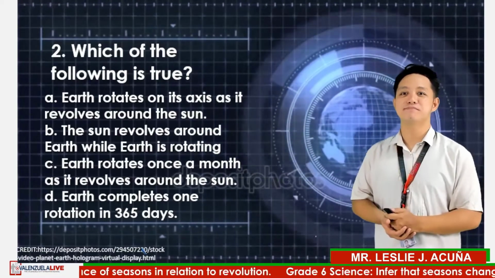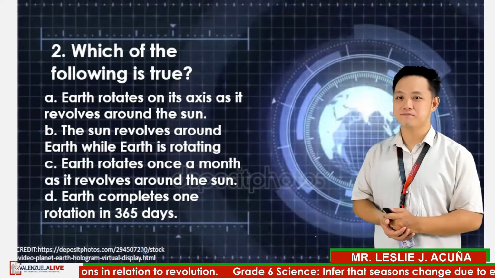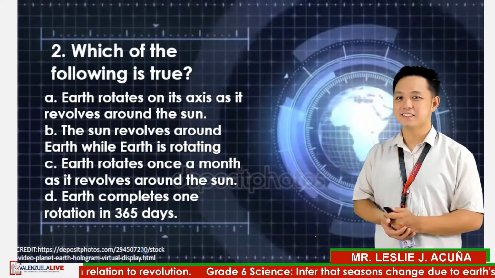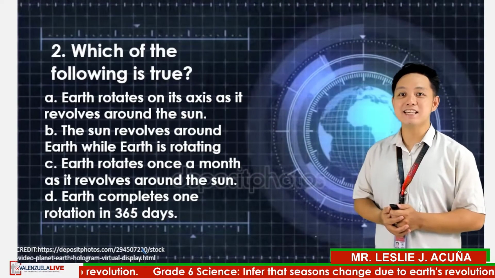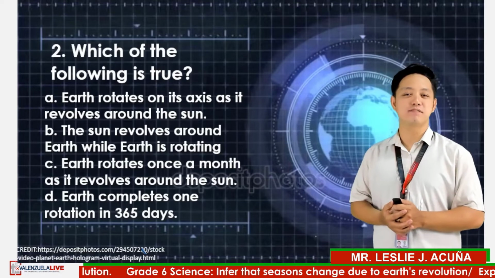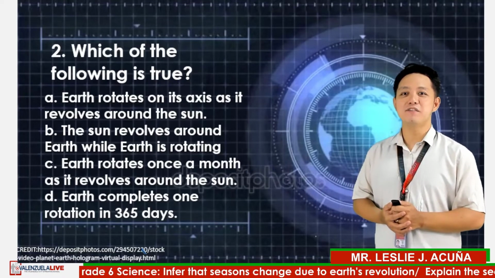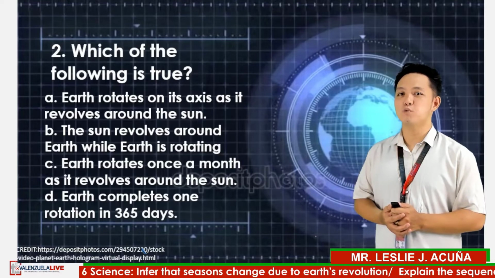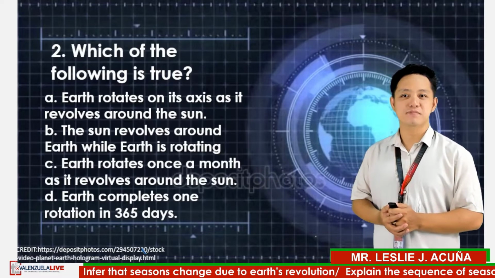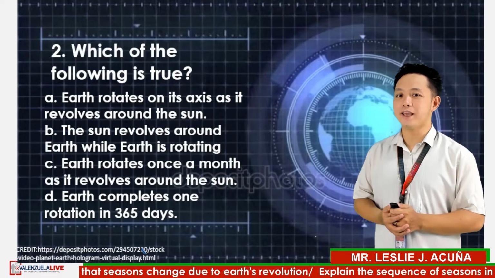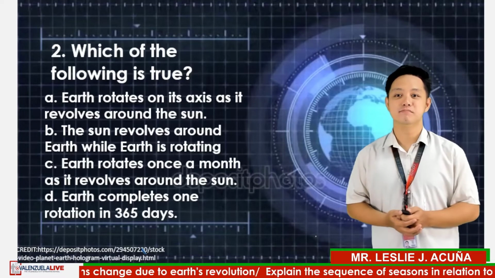Question number 2. Which of the following is true? A, the Earth rotates on its axis as it revolves around the Sun. B, the Sun revolves around the Earth while Earth is rotating. C, Earth rotates once a month as it revolves around the Sun.